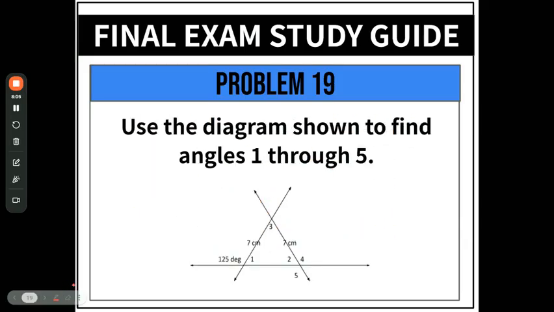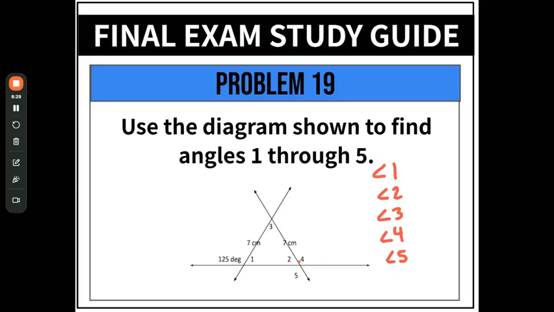Problem 19. Use the diagram shown to find angles 1 through 5. So I'm going to make a list over here of all the answers that they want. Let's take a look at angle 1. If we want to determine angle 1, we know that this line right here is straight.